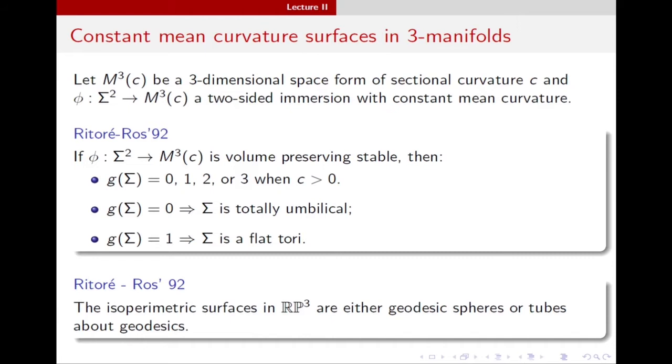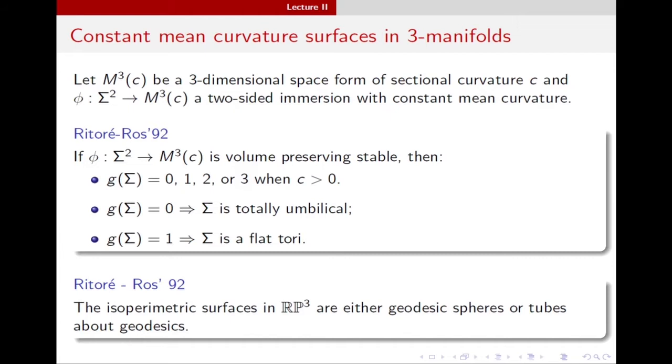And the second part corresponds to the geometry of stable CMC surfaces of genus 0 and 1. We would like to discuss the proof of this result, and that will lead us to a characterization of isoperimetric surfaces in the real projective space RP3.